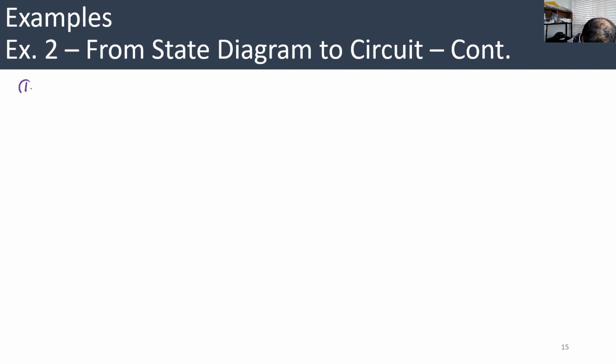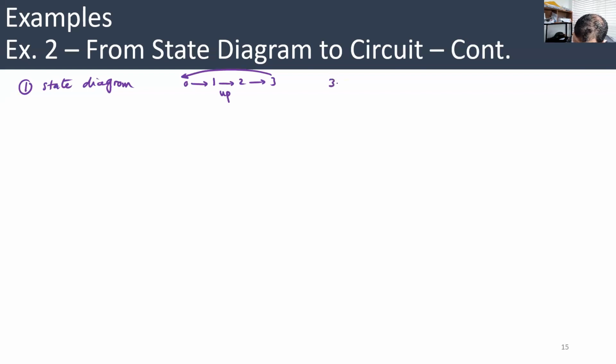So number 1, building the state diagram. We need a counter that counts 0, 1, 2, 3, then goes back to 0, because any counter has a maximum, so it should reset afterwards. This is up counting.